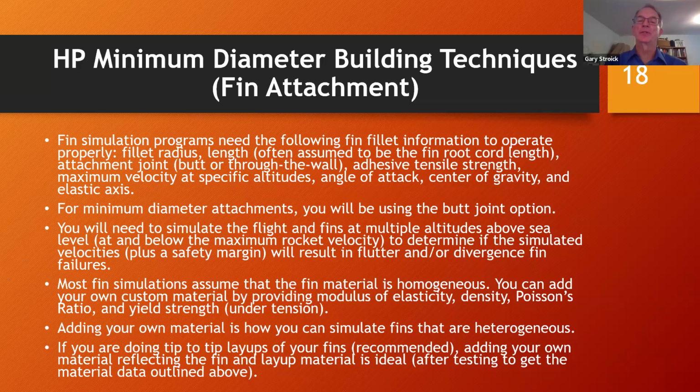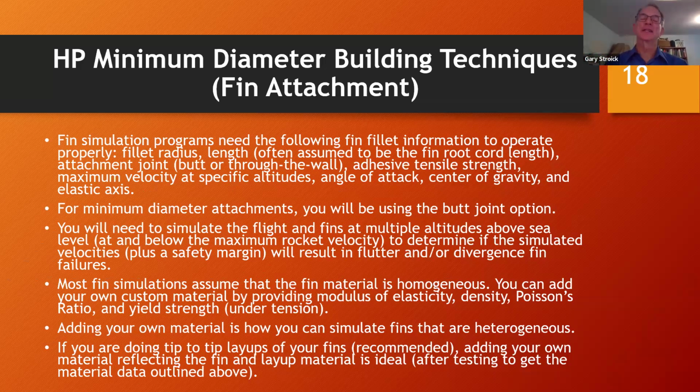Angle of attack is important. We're going to be launching our rockets vertically. All right, that's how we're going to launch them. So our angle of attack of the rocket into the flight path should be 0, because we're flying directly vertically. But throughout the flight, rockets tend to oscillate, especially if your stability margin isn't where it should be.